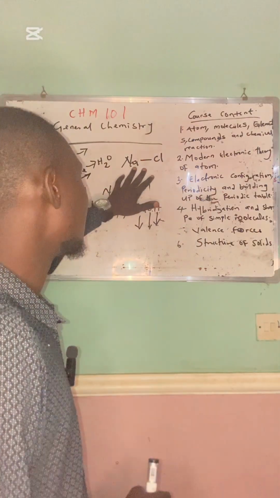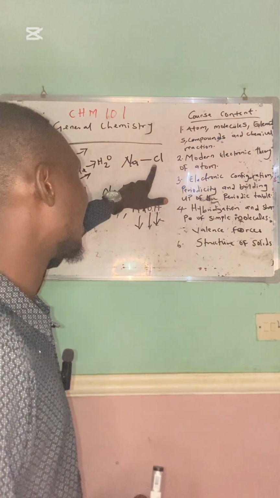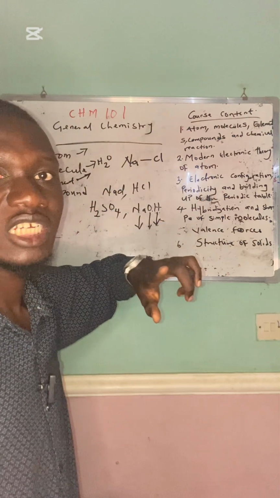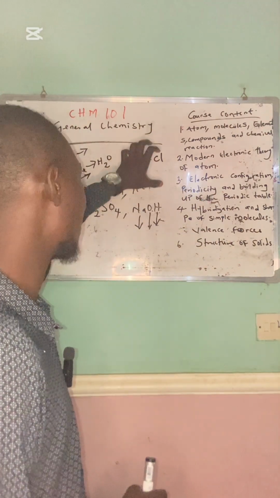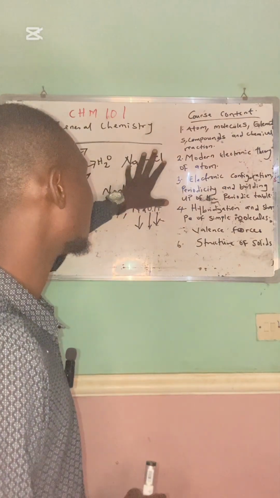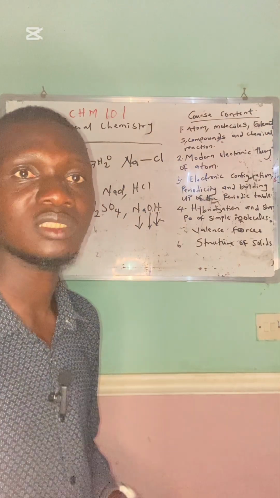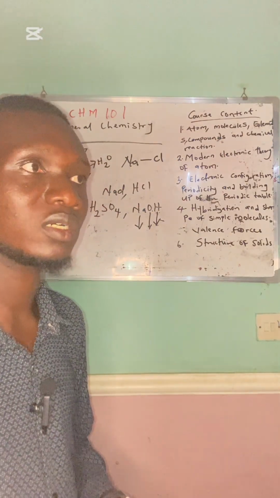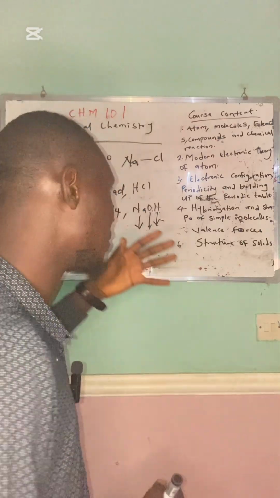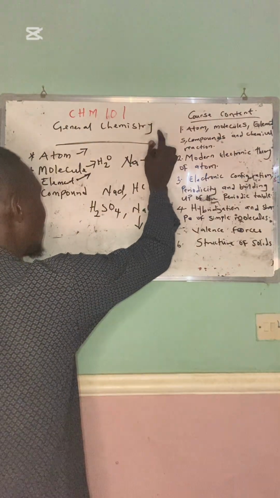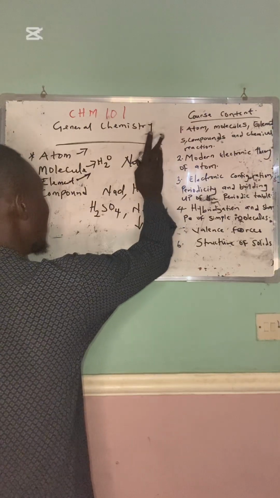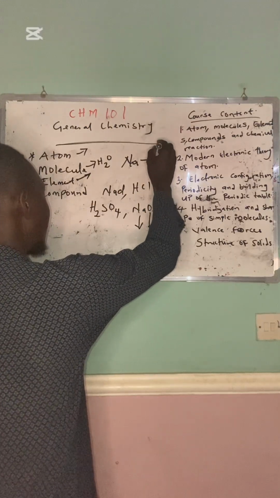So with these, the charge cloud, what I mean by the charge cloud is that the electrons involved in bonding in this compound spend more time with the chlorine, which informs the partial negative and the partial positive. That is when we move further to discuss dipole.